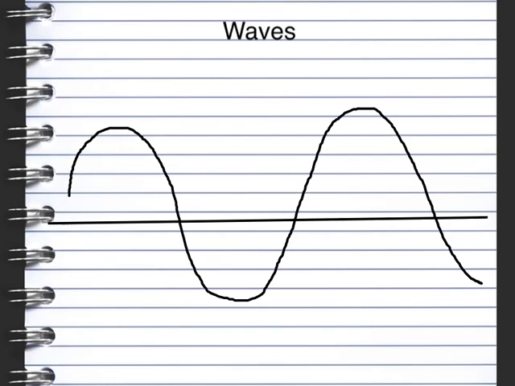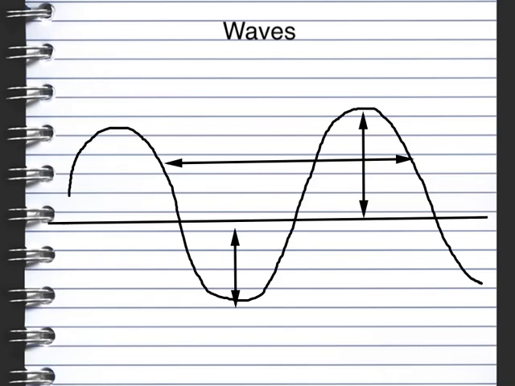The first one is where we can go from any point on here to here, and that will be our wavelength. Now we can also go from the top to the middle, or the middle to the bottom, and that will be our amplitude.